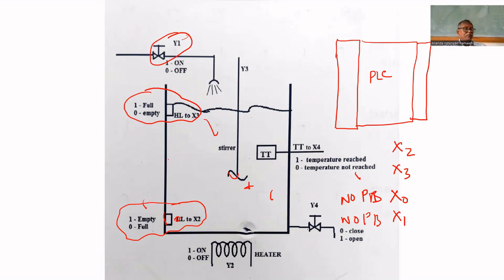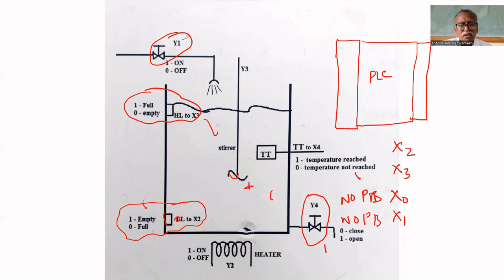It is not sufficient. The outlet valve must be closed, otherwise, if you open it, it will drain away. That's why we have to check whether the outlet valve is closed or not.